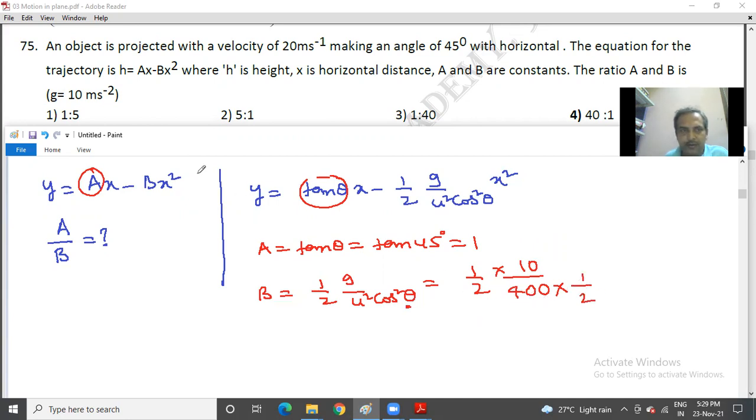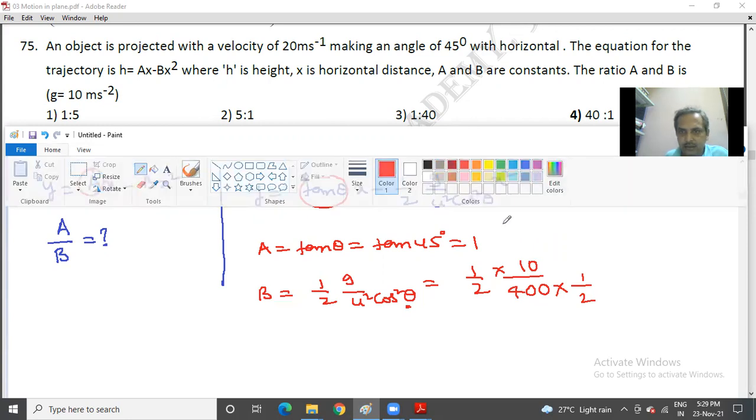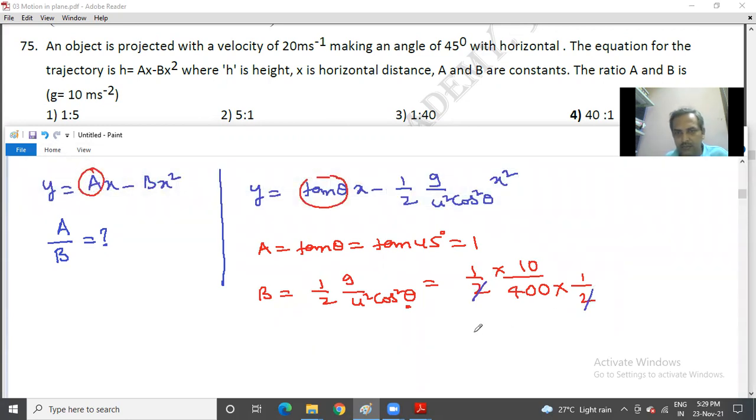So therefore you can cancel this 2 and this 2. You'll get this 0 and 0 get cancelled. B is equal to 1 by 40. Now the question is A by B. A is 1, B is 1 by 40. So the answer is 40 by 1. Fourth option is correct.